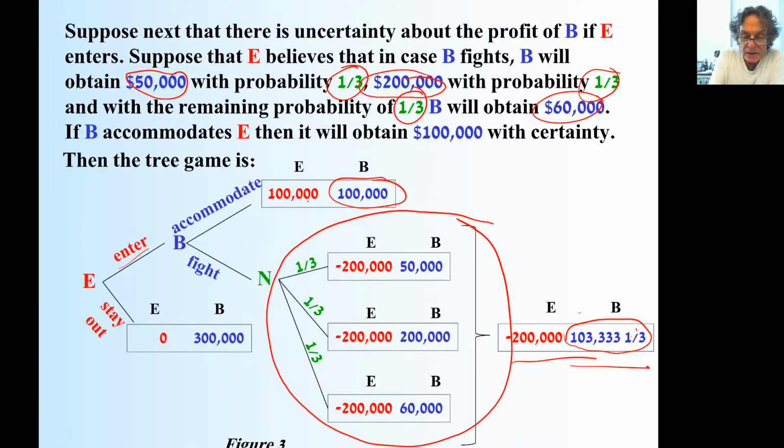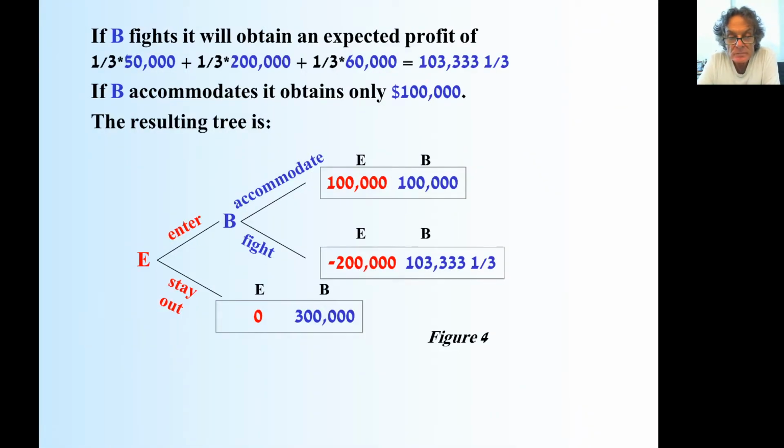Enter: accommodate gives 100 and 100. Fight is this. And stay out is this. So if B fights, she will obtain an expected payoff of all this, which is 103,333 and 1/3. If B accommodates, she obtains only $100,000. The resulting tree is this.